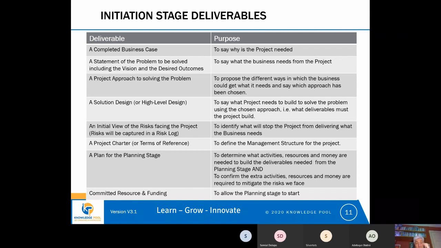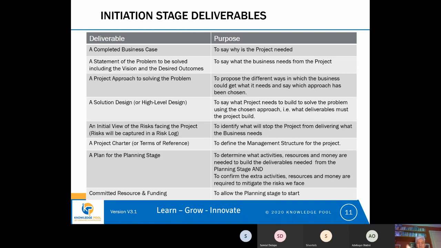So they're the standard deliverables within the initiation stage, but some organizations do combine these together into a project initiation document, so that there is one deliverable that the project can point to say, this is how we're going to start the project.